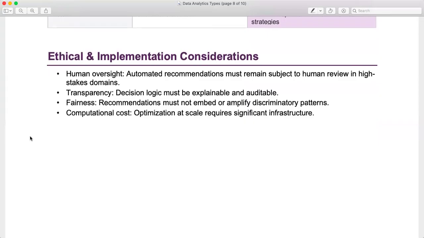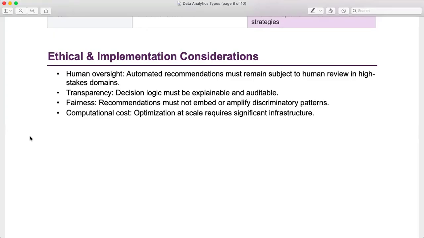What are the ethical and implementation considerations? Human oversight is always good for these kinds of systems, because complete automation means that humans are out of the process, and it may result in the loss of life as well. These systems cannot be considered error free.